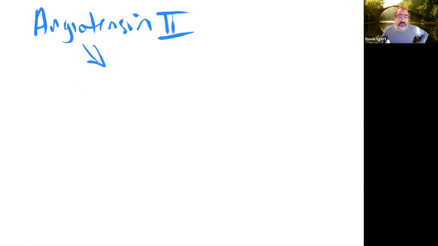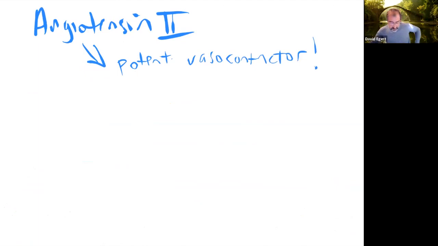So angiotensin 2, one thing is it's a potent vasoconstrictor. How will that help with low blood pressure? It's going to increase resistance, which is going to increase blood pressure, right?